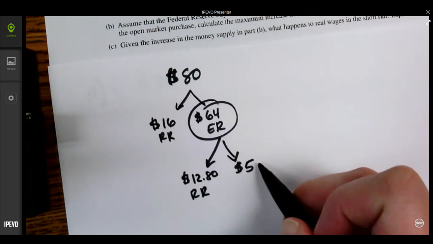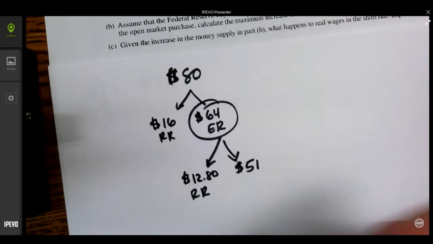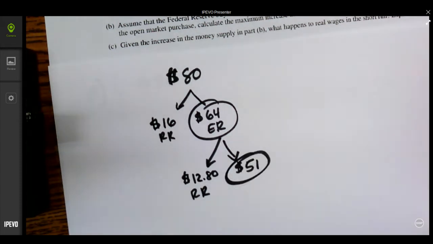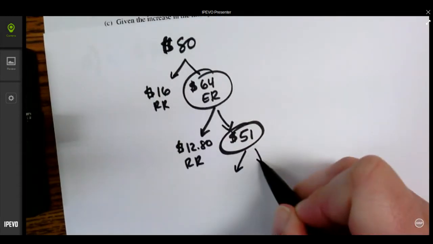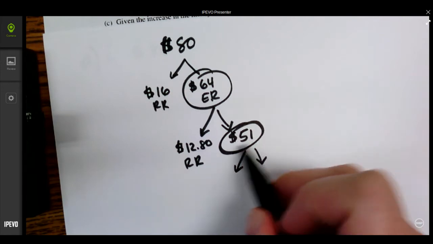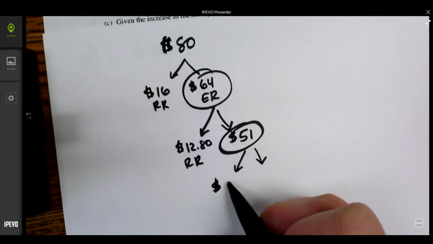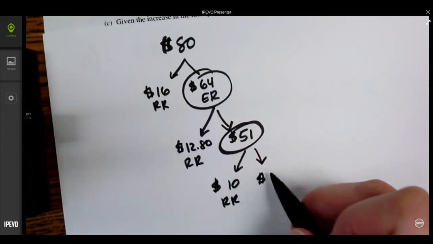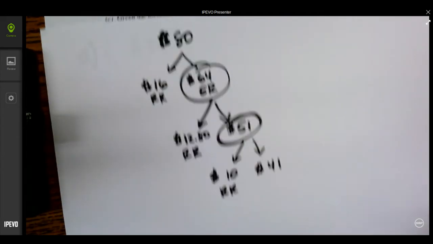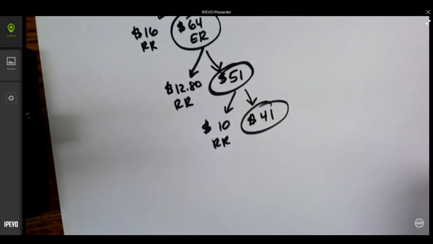So this bank is going to have around $51 to loan out. That money is going to get spent and redeposited into a bank. A bank is going to have to keep 20% of it. Again, can we round, please? So that's about $10 in the required reserves. That gives that bank $41 which it can loan out. Do you see where we're going with this?